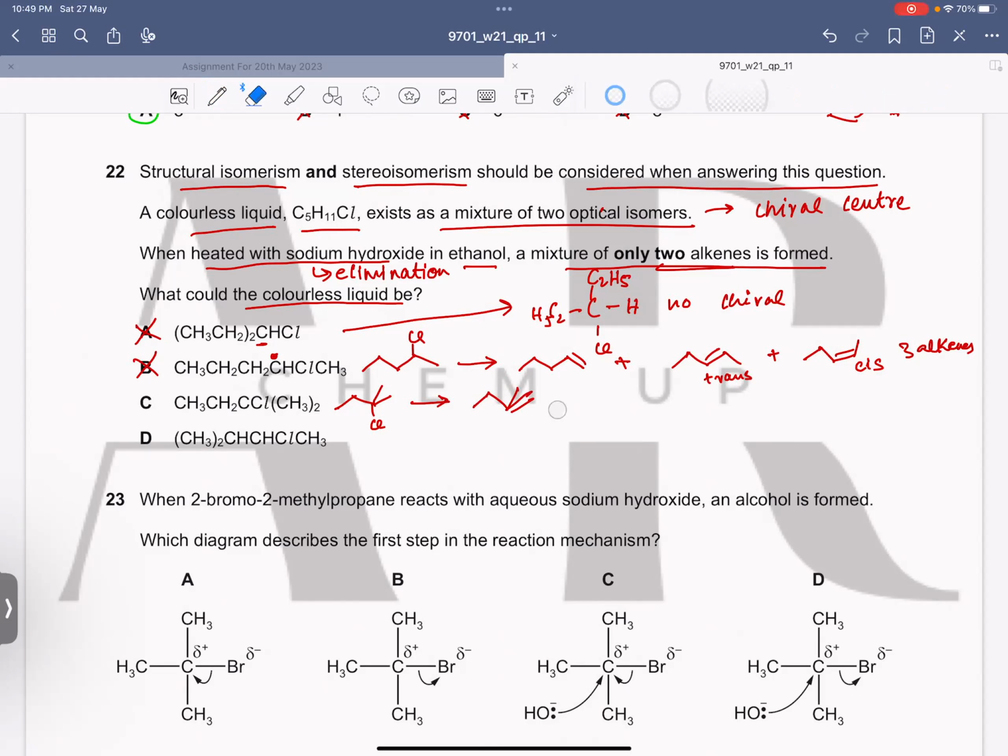This alkene. And there is another possibility. This alkene.